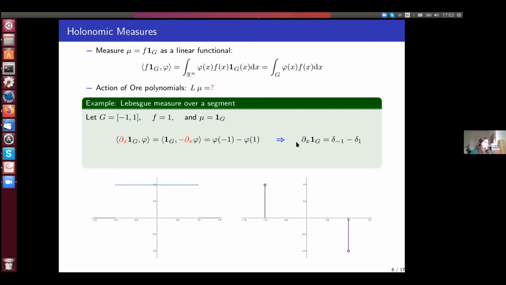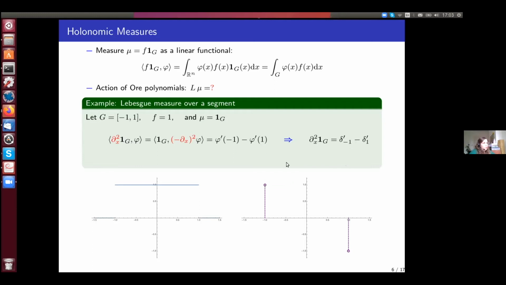Now let's differentiate again. In this case, we get a derivative of two Dirac measures. So we already go into the distribution class. So we see that the action of these operators is well posed in distributions.